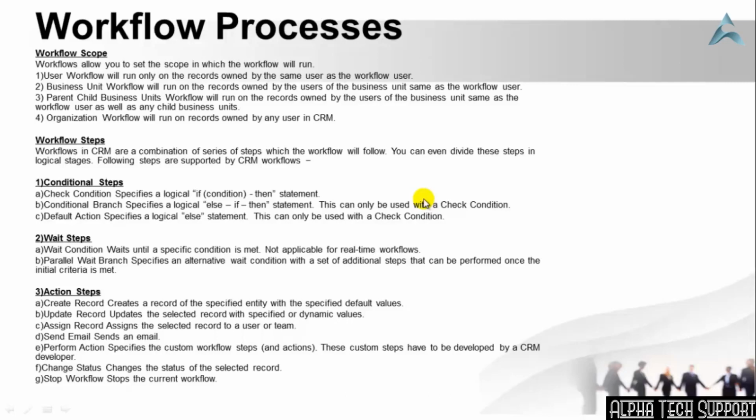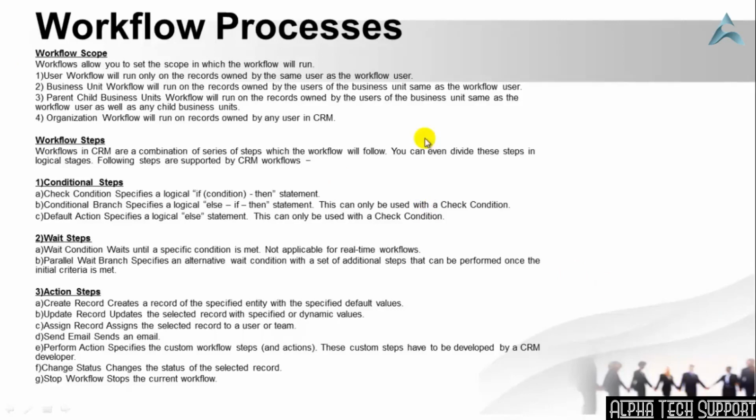Once you decide that, you have to specify the scope of the workflow, and you have to specify when it needs to be started, or we can say you have to specify the event for the workflow, and finally you have to add a step within the workflow. This is a simple thing which you can do once you take a look at the processes section under your Microsoft Dynamics CRM settings.